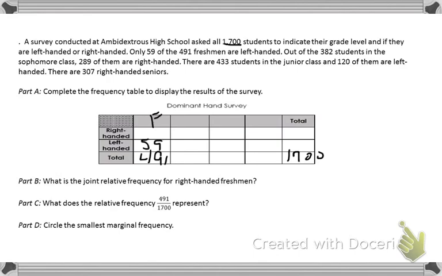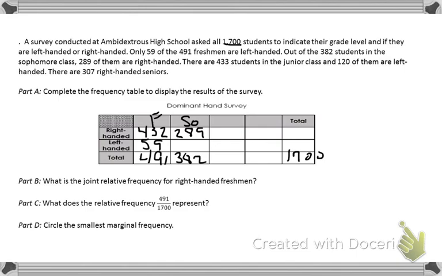If I want to find out how many are right-handed, I'm just going to subtract 491 and 59, and I get 432. Next, it says out of 382 sophomores, 289 of them are right-handed. So now I need to find my left-handed sophomores.